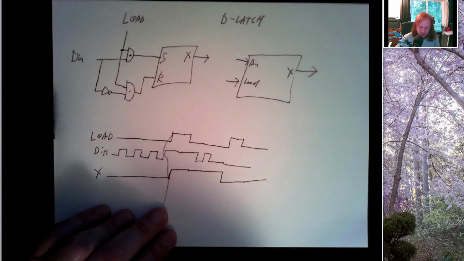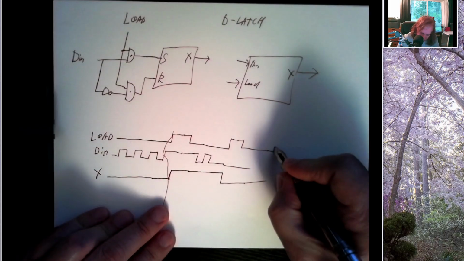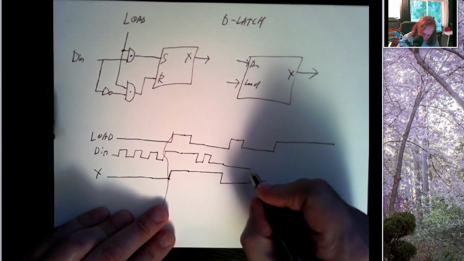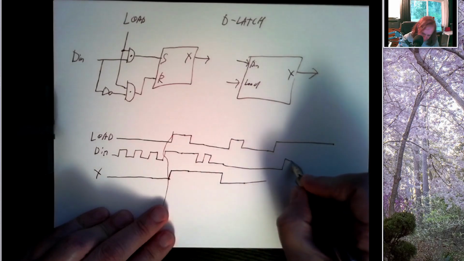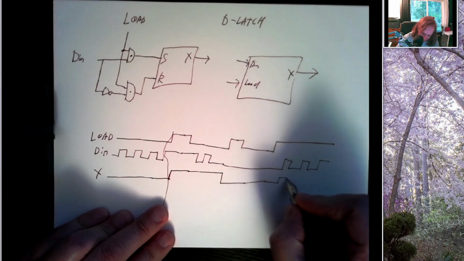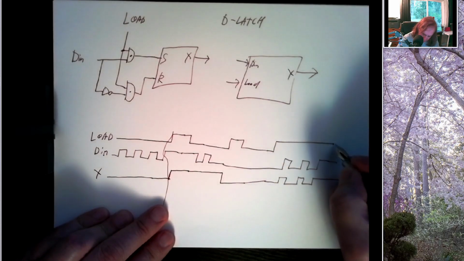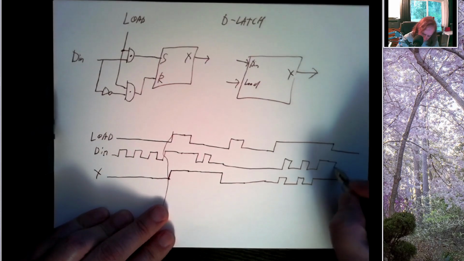Alright, now there's one problem with this D latch. If our load line is high, and while the load line is high, data in starts changing, guess what happens? Our output changes also. Right?